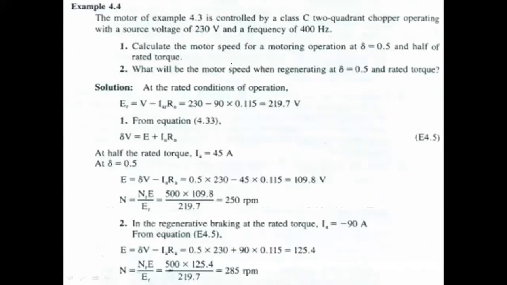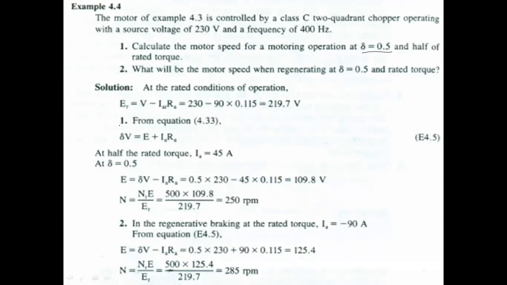Now calculate the motor speed for motor operating at delta 0.5. We have 230 volts, 400 Hz, 500 RPM, RA is 0.115 and L is 11 millihenries.